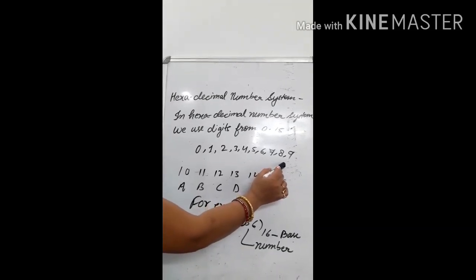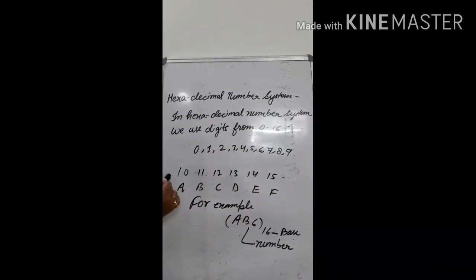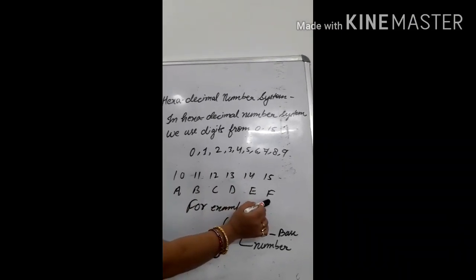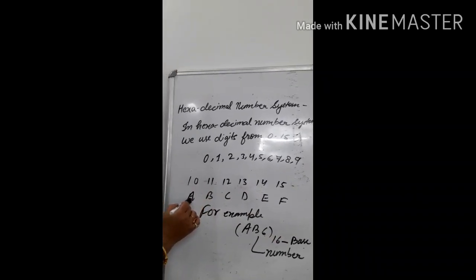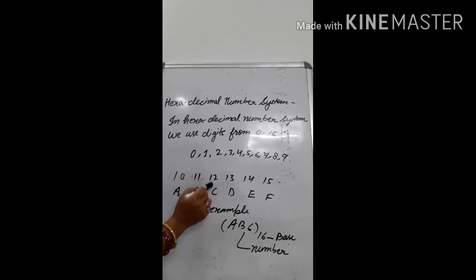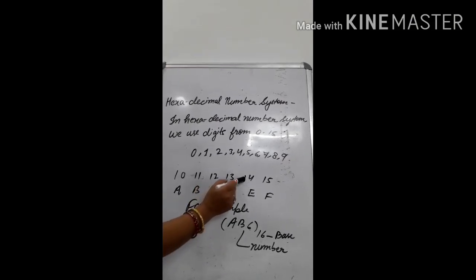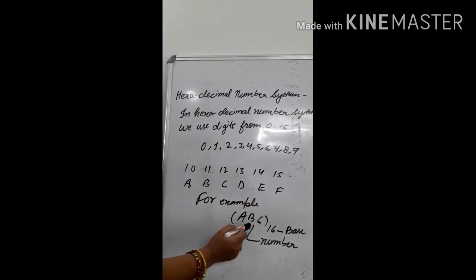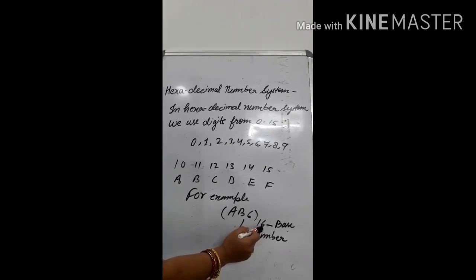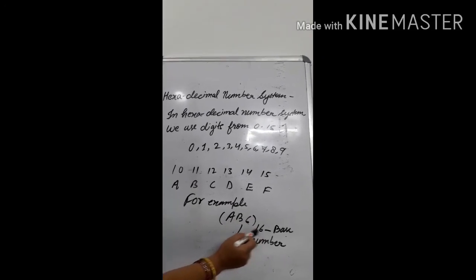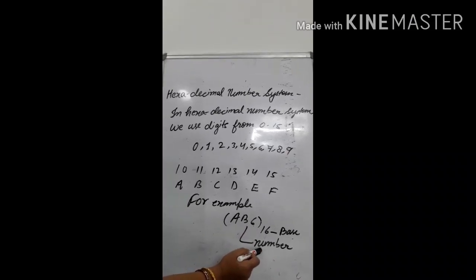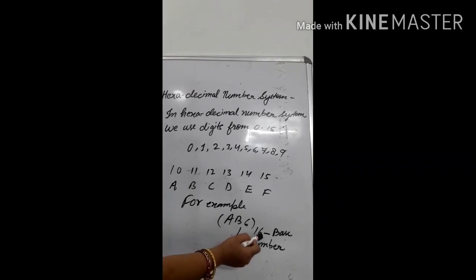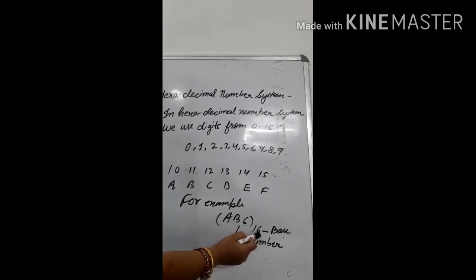In a hexadecimal number system, the digits from 10 to 15 are represented by A to F. Means for 10 we use A, 11, B, 12, C, 13, D, 14, E, 15, F. For example, AB6 base 16. Here 16 is the base of the number and this AB6 is the number. The base of a hexadecimal number system is 16 as it uses 16 digits.